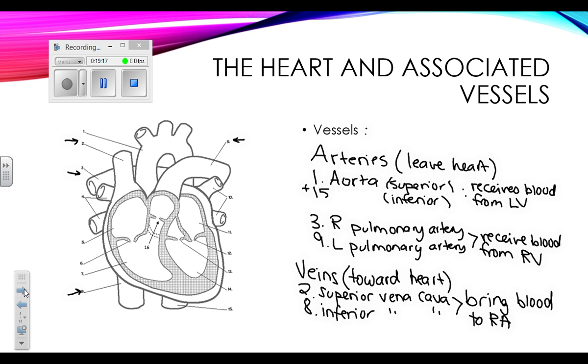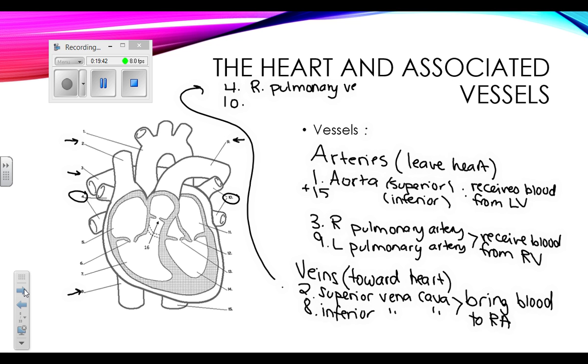Now the other veins, and I'll just come up here because I'm running out of space down low, are 4 and 10. So here's number 4, here's number 10. You'll notice they branch off to the left and to the right again, just like your pulmonary artery did. Number 4 is your right pulmonary vein, and number 10 is your left pulmonary vein.